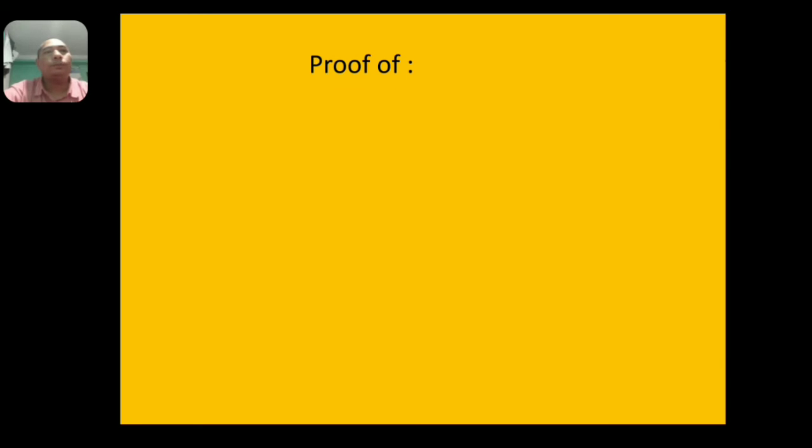Proof of small g is inversely proportional to the square of radius.